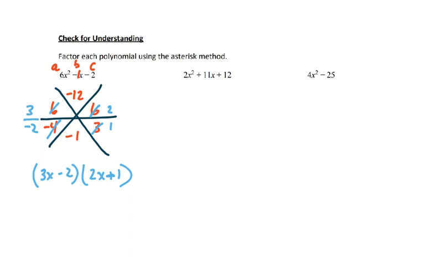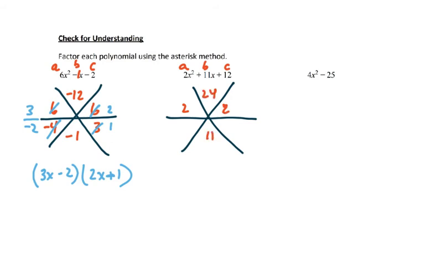Same deal on the next one. We don't have a greatest common factor to pull out, so we can go straight to labeling A, B, and C. Draw my asterisk. A is 2. A times C is 24.